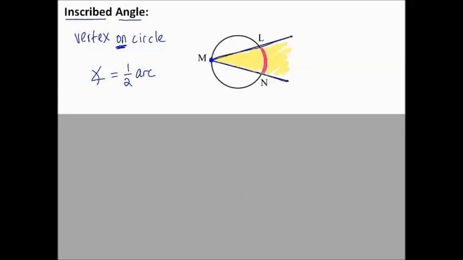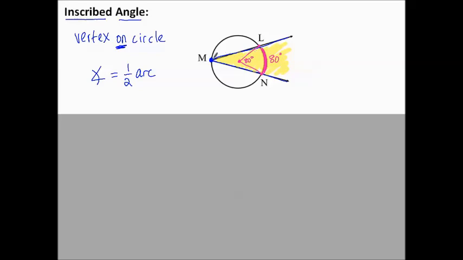What do I mean by that? Well, if that intercepted arc is about 80 degrees, then the angle is exactly half of that. See how it's really far away? Whereas the central angle, if I were to draw it, here's the center of the circle, and I draw the sides to L and to N, that's a wider angle, so that's also 80 degrees.